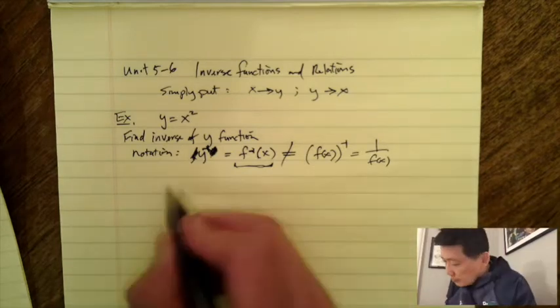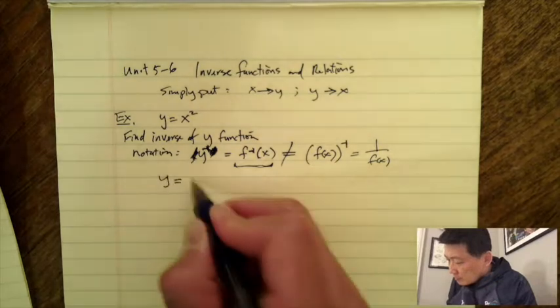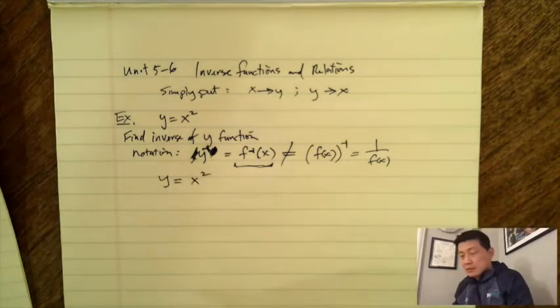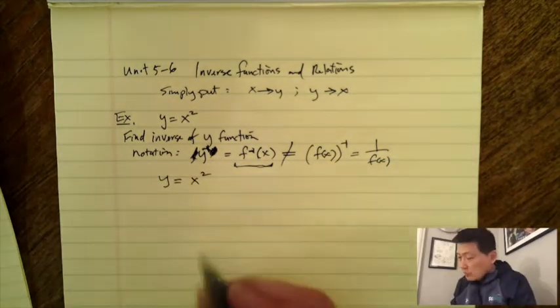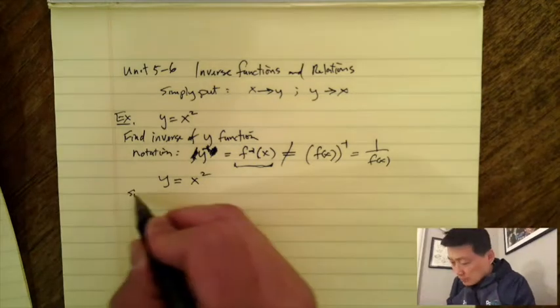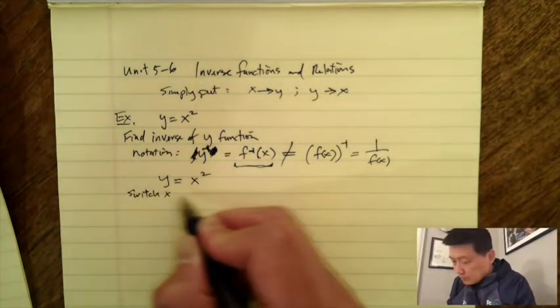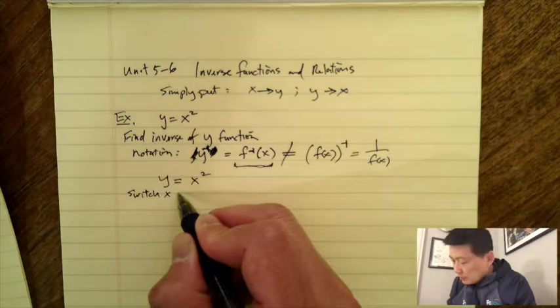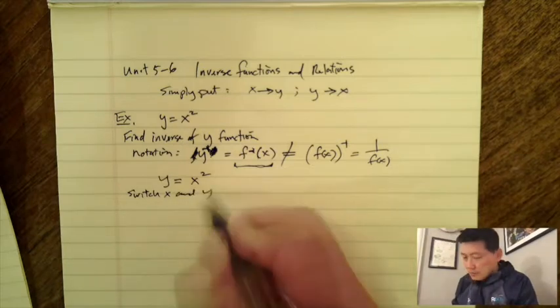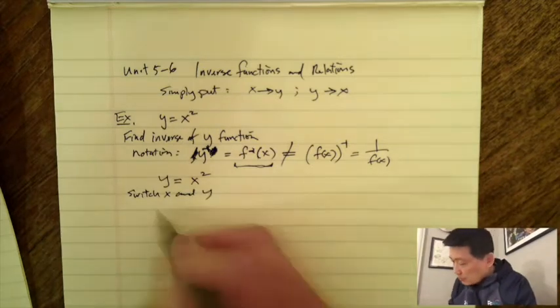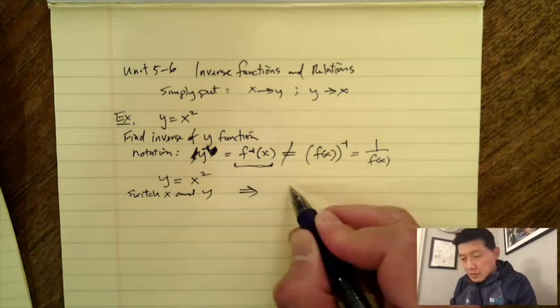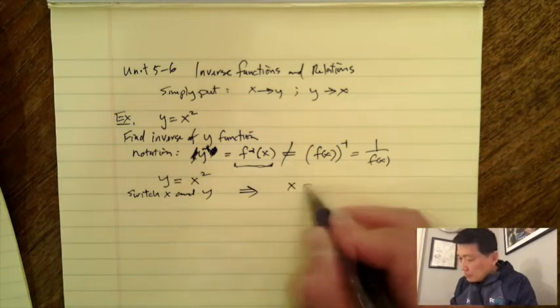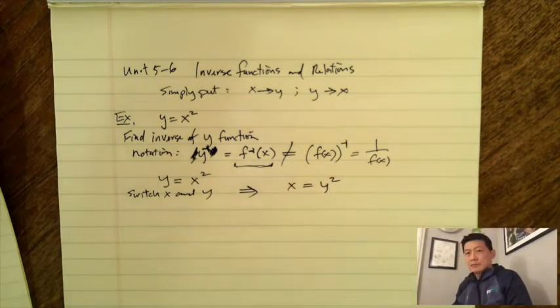So take this for example. Now we have y is equal to x squared. I want to find the inverse, so I switch x and y. So in this case it becomes x is equal to y squared.